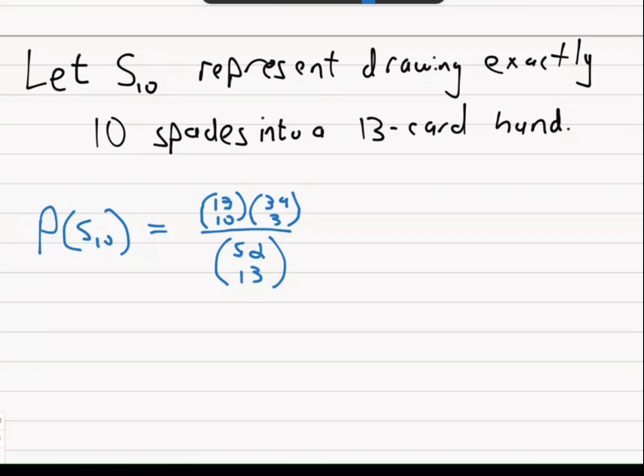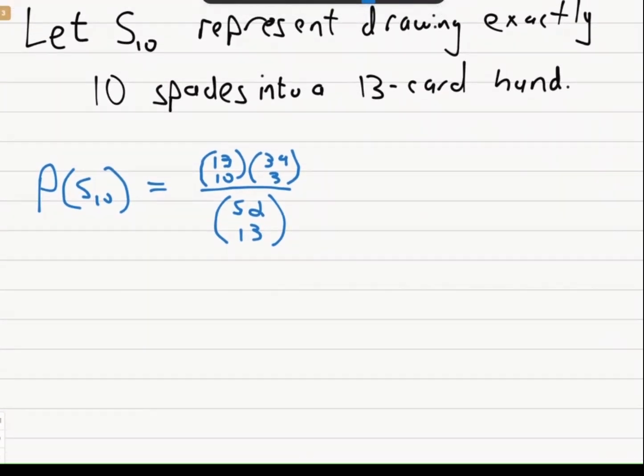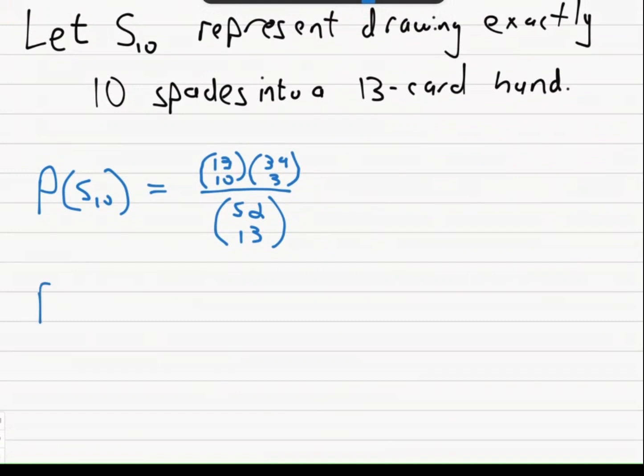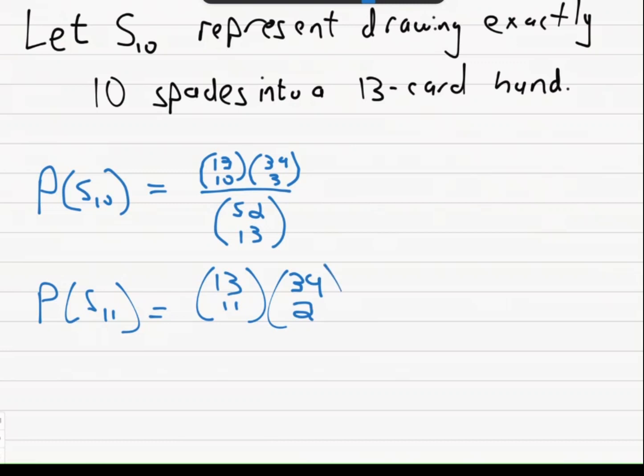So the next one we need to do is the probability of S11. Probability of S11 is going to have the same pattern. It's going to have the 13 choose 11 times the 39 choose 2 over 52 choose 13.